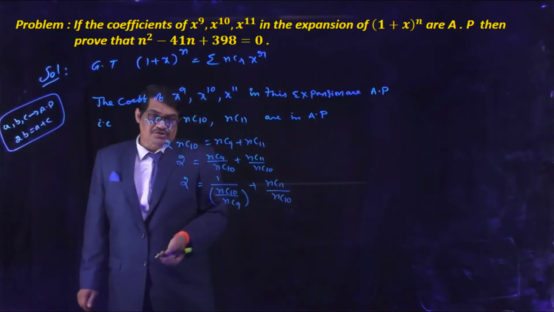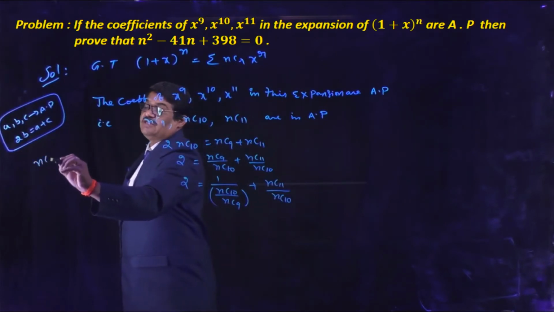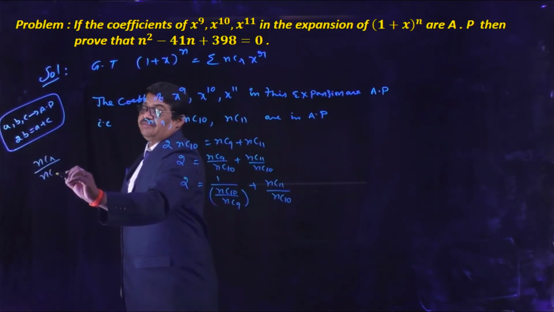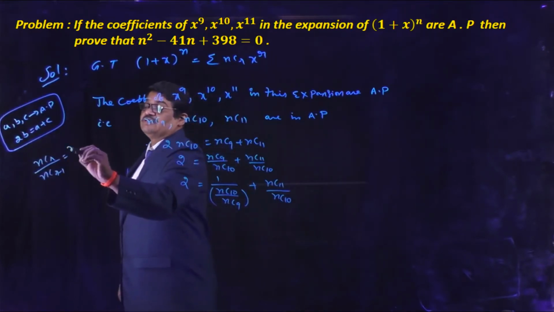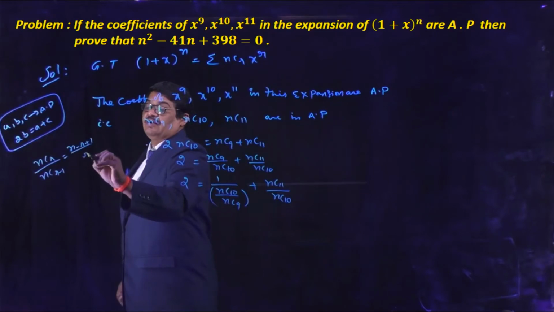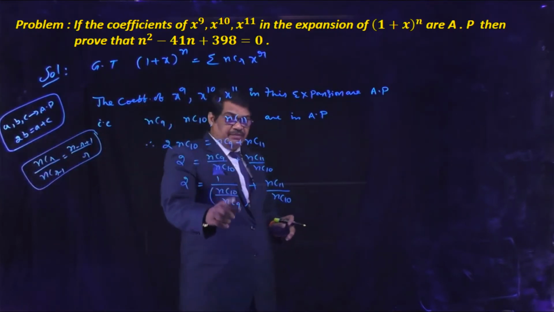Here we are using the formula nCr by nC(r minus 1) is equal to (n minus r plus 1) by r. We already discussed this formula.